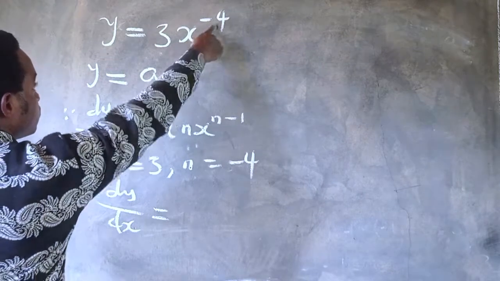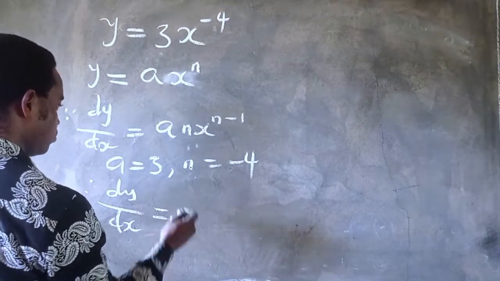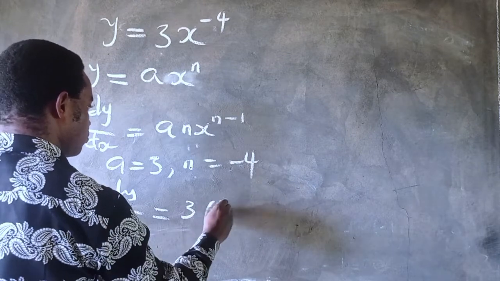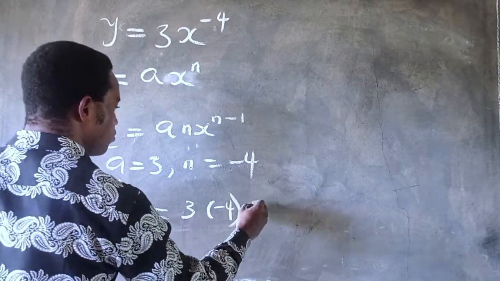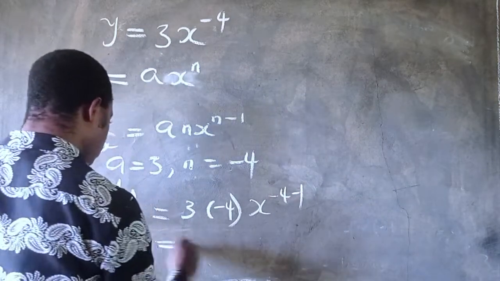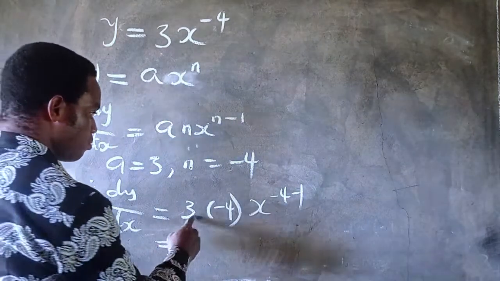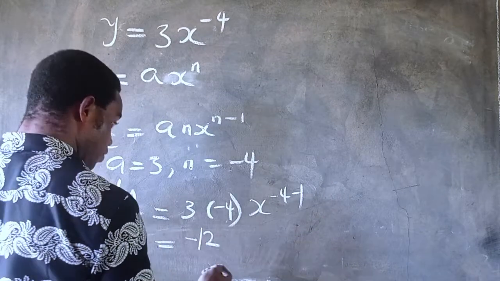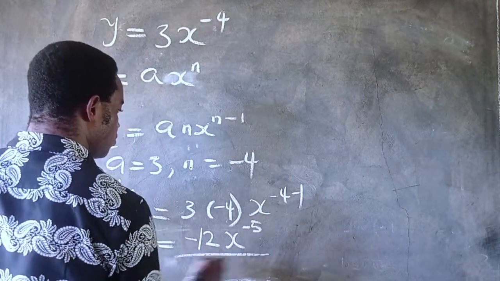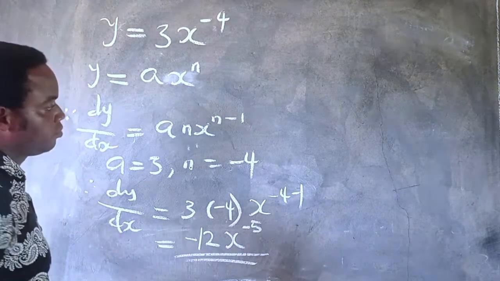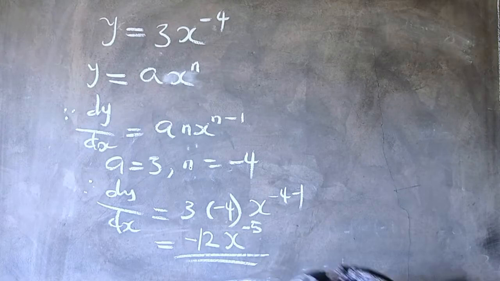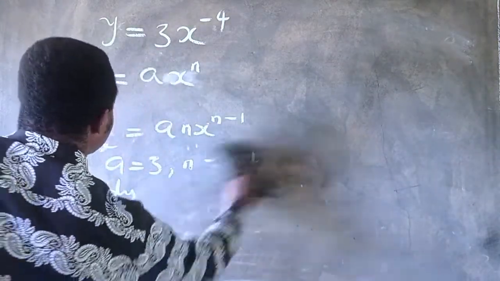So the expression for dy/dx is going to be 3 multiplied by negative 4 and multiplied by x raised to power negative 4 minus 1. This equals negative 12x to the power of negative 5. And there you have it. You will notice that if we have millions of these, we would easily solve them.